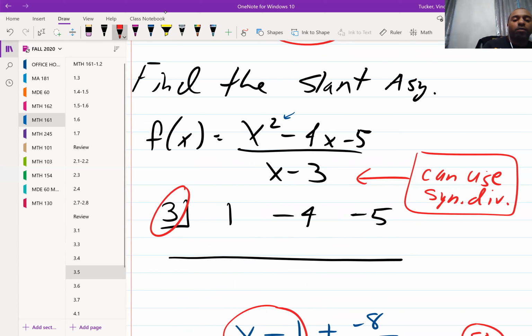That's why we have positive 3 here. You start by bringing down your 1, and 3 times 1 is 3, that goes here. Add those together. That would be -1. 3 times -1 is -3. Add those, and that'll be -8.